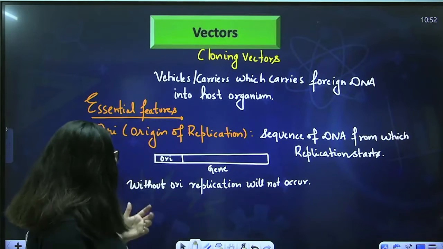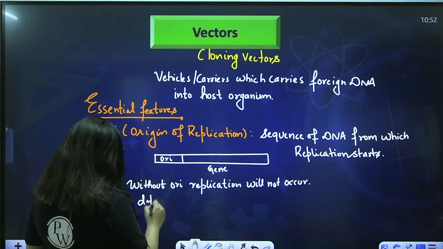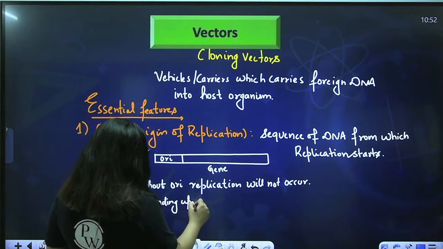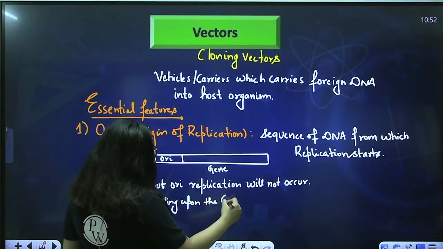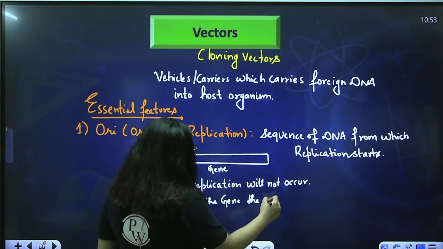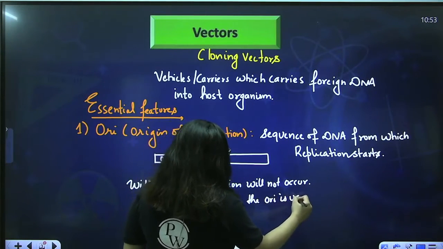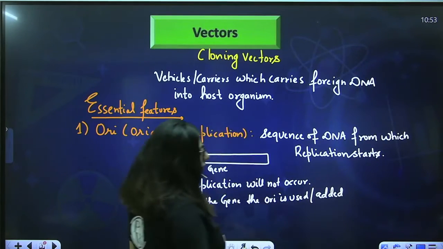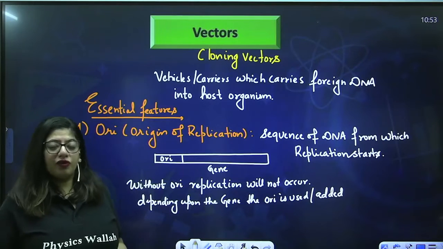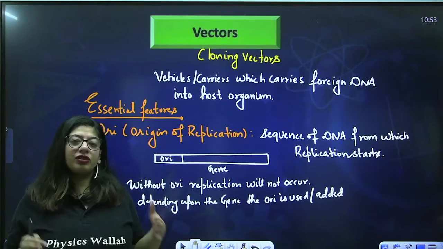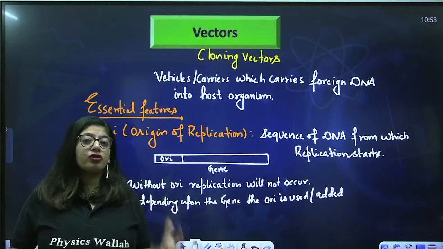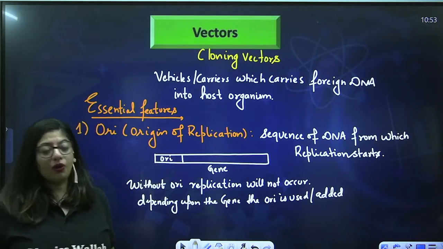So depending upon the gene, the ORI is used or added, because these vectors are mostly modified. You engineer it. If you want to use this vector for the replication of a eukaryotic gene, make sure it has the origin of replication of a eukaryotic gene, right?